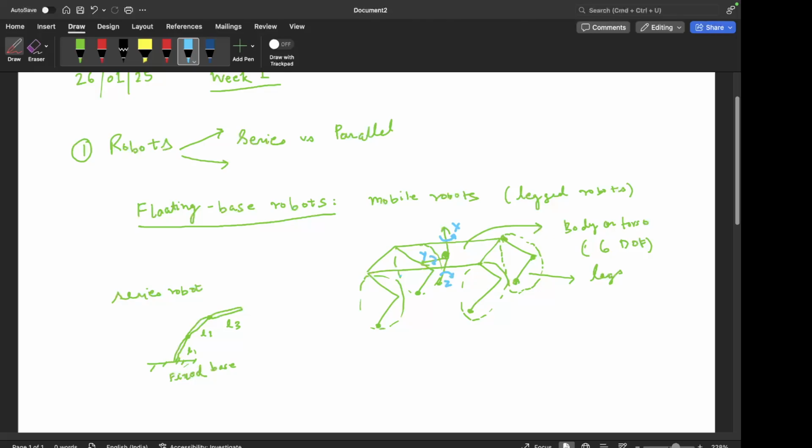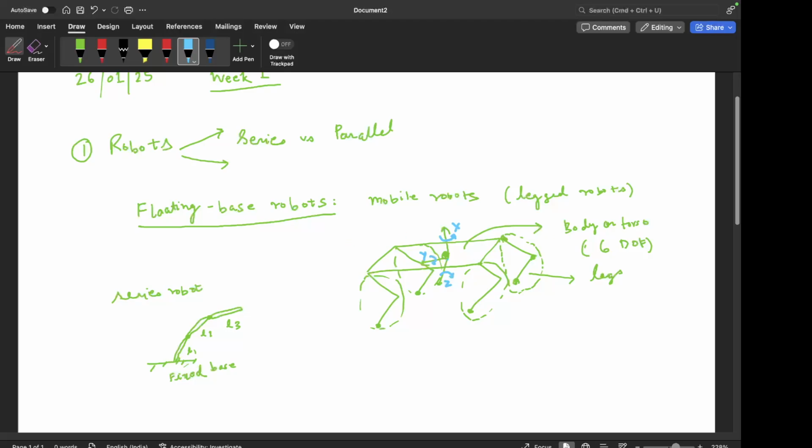So what happens now is that the base on which these serial robots, you can imagine four serial robots attached to the four corners of this base, doesn't remain fixed and the base is mobile, right? So first of all, that makes this robotic system a mobile system because of course it can move in space. And the second thing is the floating part.